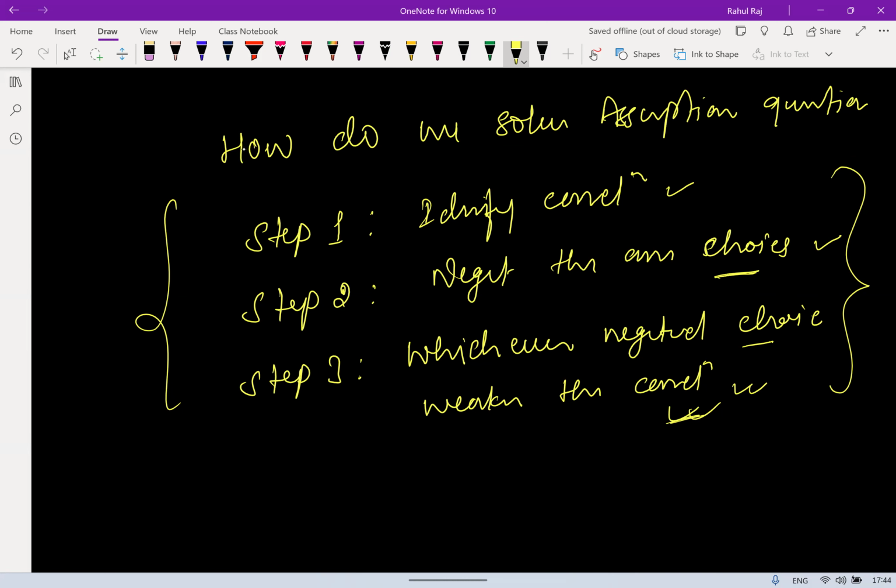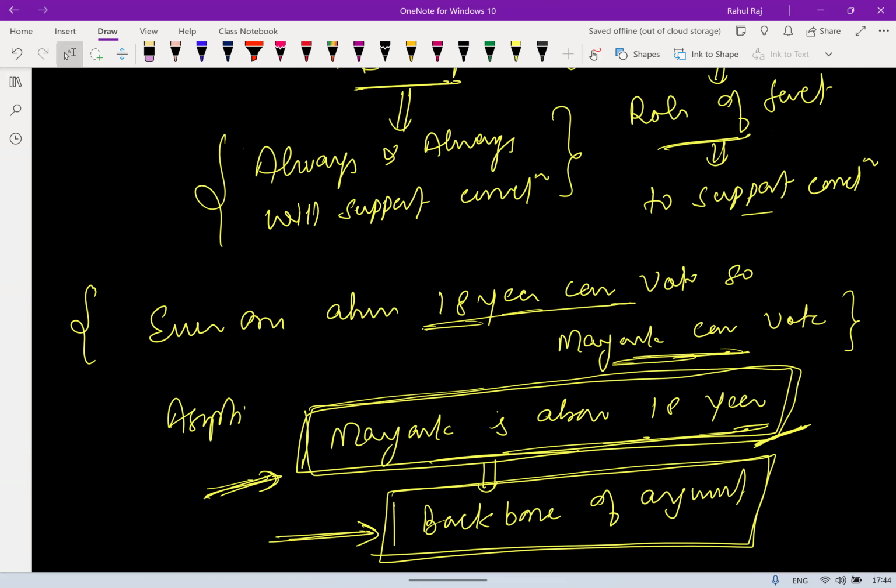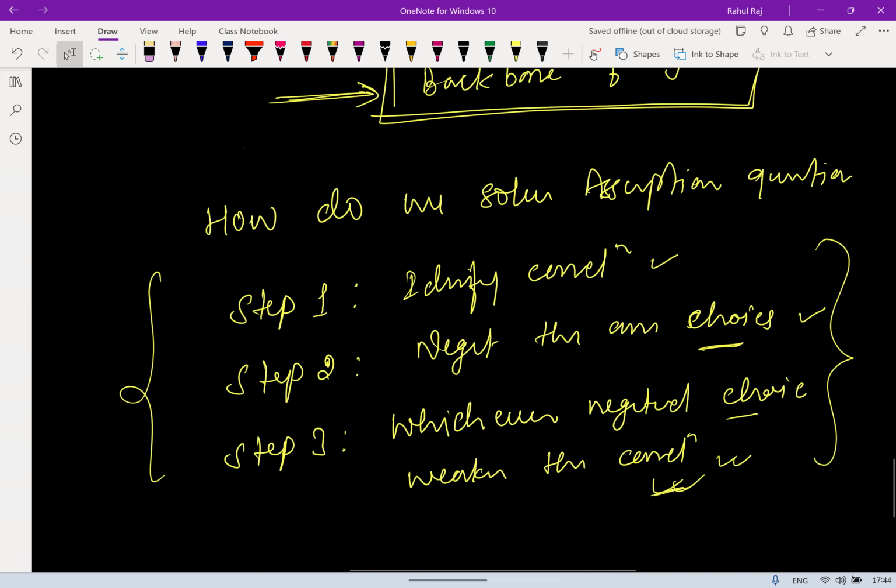Because the point is assumptions are nothing but a backbone of an argument. There's absolutely no doubt about it. It always and always supports the conclusion. Without assumptions, an argument cannot stand. Then why the hell should I be doing all these things, Rahul, negating the answer choices and then seeing whichever negated choice weakens my conclusion? After all, why should I not choose an option that directly supports the conclusion? Am I making sense? Yes or no?